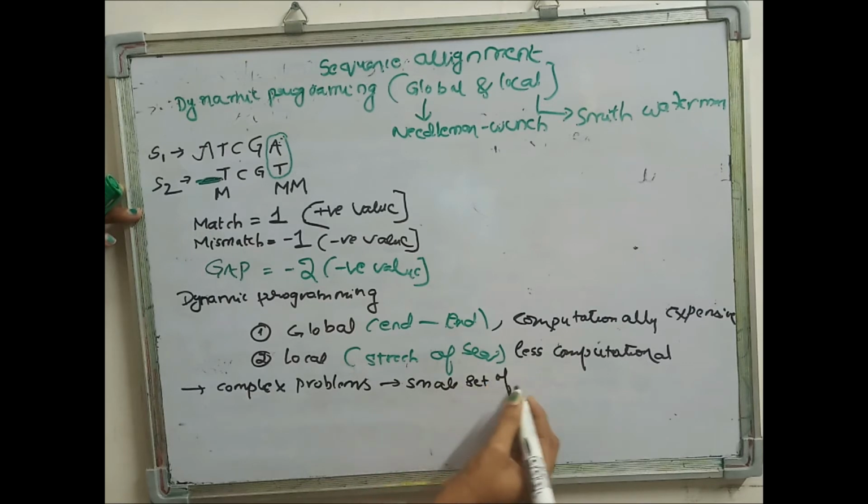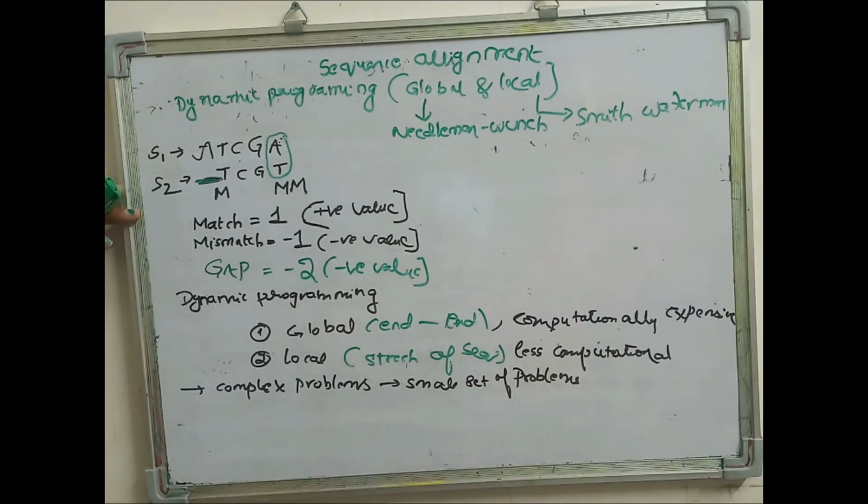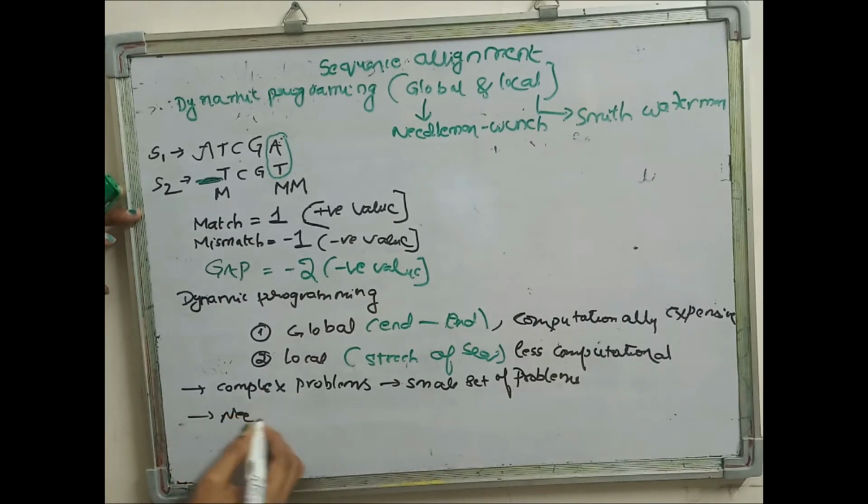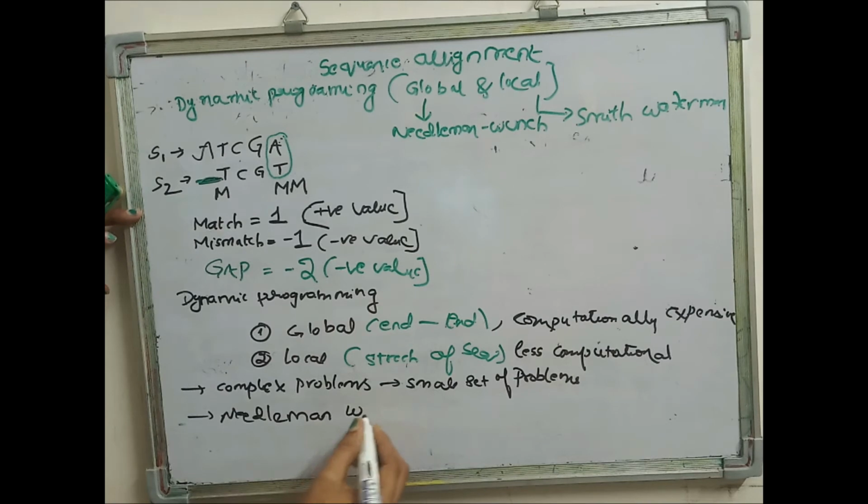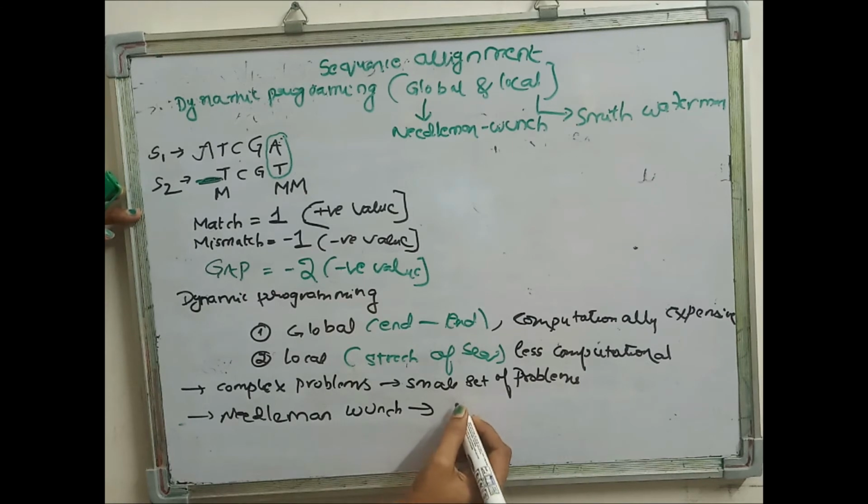A problem can be divided into many smaller parts. Needleman-Wunsch was the first to propose this method. Initially, it was applied to global alignment. Later, it was applied to local alignment by the Smith-Waterman algorithm.